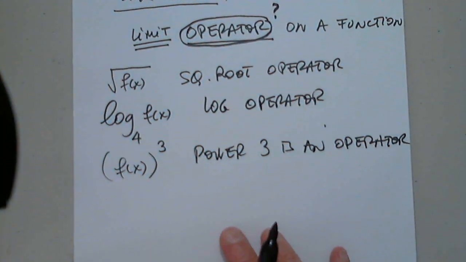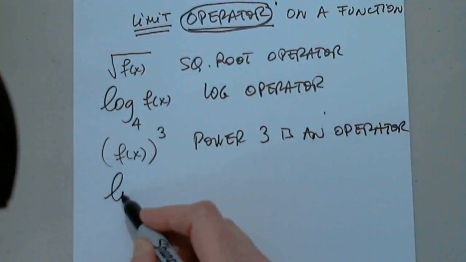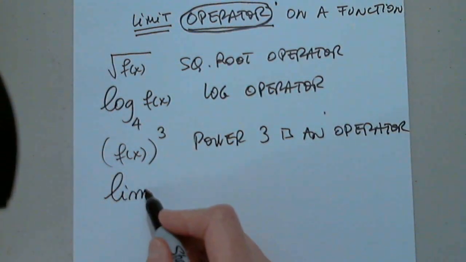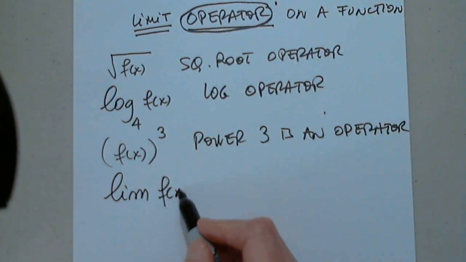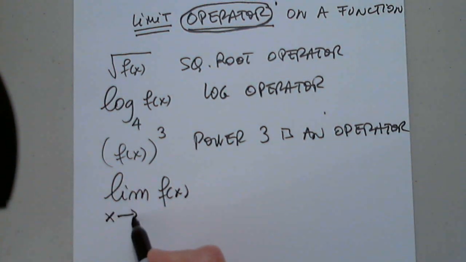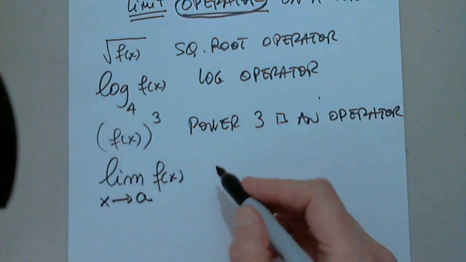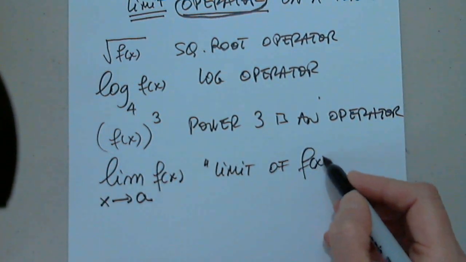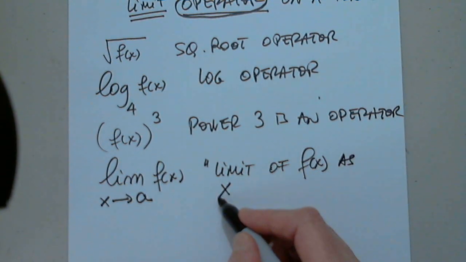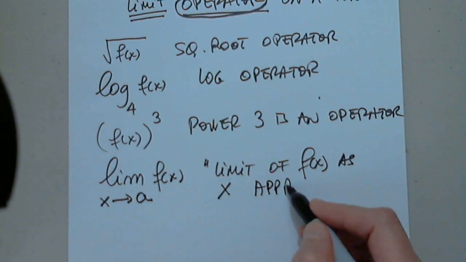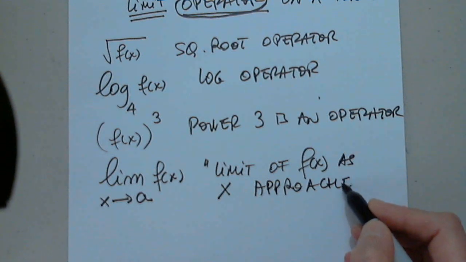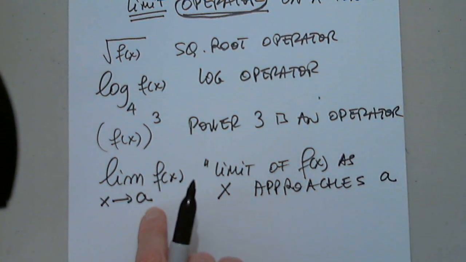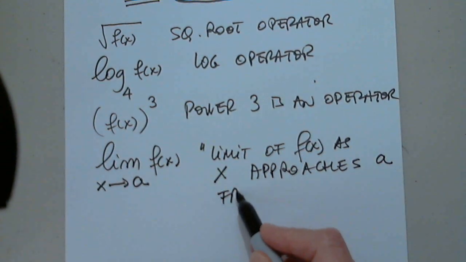The limit is an operator. What does it do? So when we look at the limit, LIM, of a function when x approaches a number, I'm going to write this how we read it first. Limit of f of x as x approaches a, this little number, from either side.